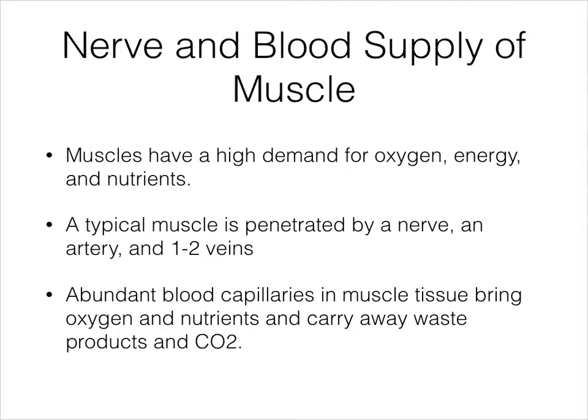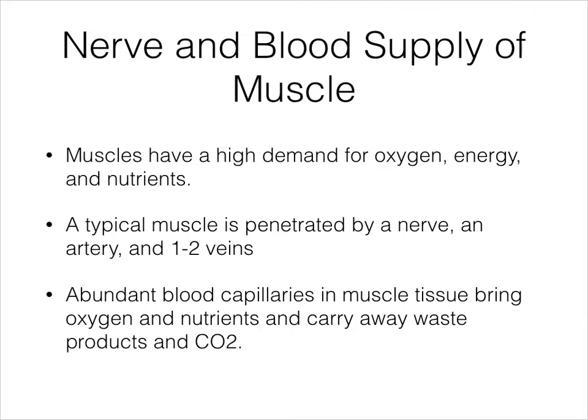Muscles have a high demand for oxygen, for energy, and nutrients, right? That makes sense. They do a lot of movement. They have a lot of electrical activity. All of those take energy. So muscle tissue is highly permeated with blood vessels, both arteries taking blood in and veins draining blood away.